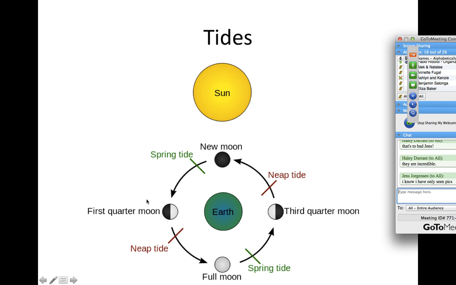When you have the quarter moons, the moon is perpendicular to the sun, and the gravitational pull is not as large. So you also have a tide, but it's called a neap tide.